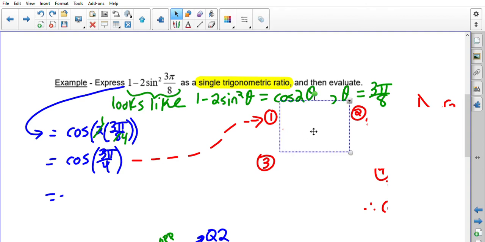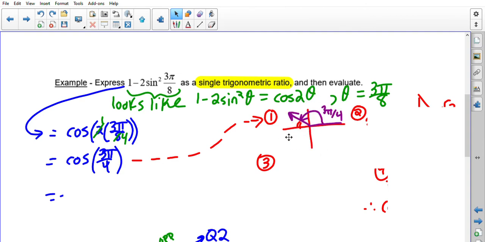So step 1. You visualize the graph to see what quadrant it lands in. So 3 pi over 4, that'd be 3 sets of 45. So 1, 2, and 3, landing right here with the purple. So it lands in quadrant 2. All right, we need to find beta.